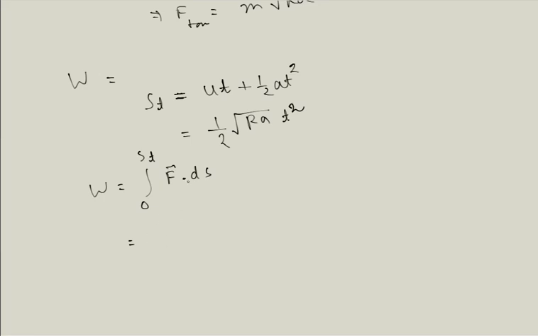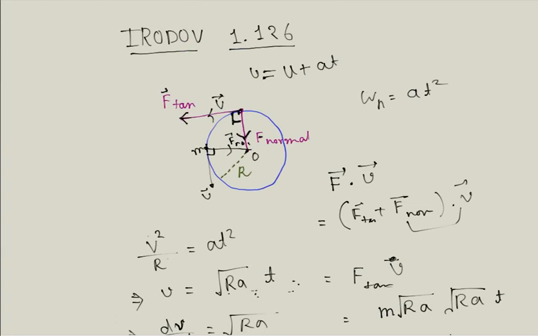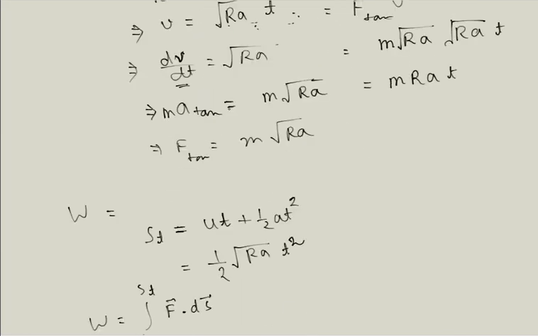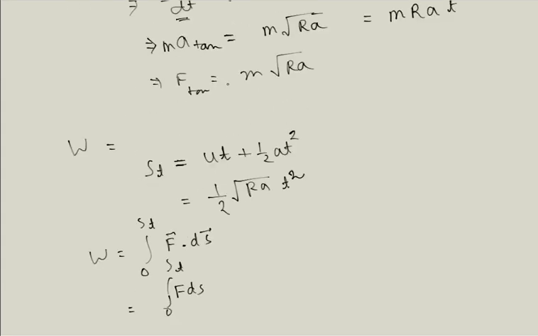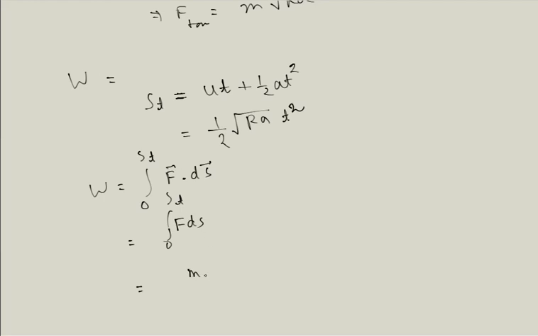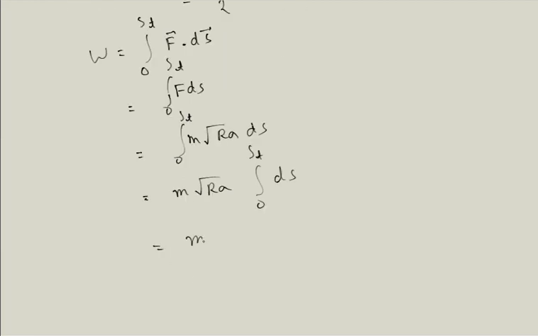And now you can see that at each point the incremental change in the distance, that is ds, and the force are in the same direction, so it can be reduced to one dimension. So the integral of F ds from 0 to s of t. As force is constant, we can write it outside the integration sign, the integral of ds from 0 to s of t, so it will be just s of t.